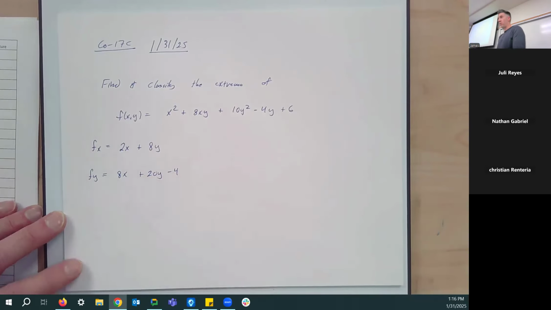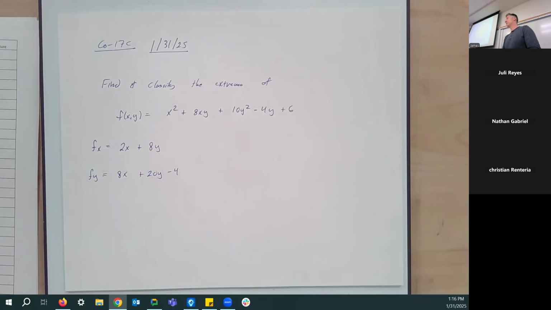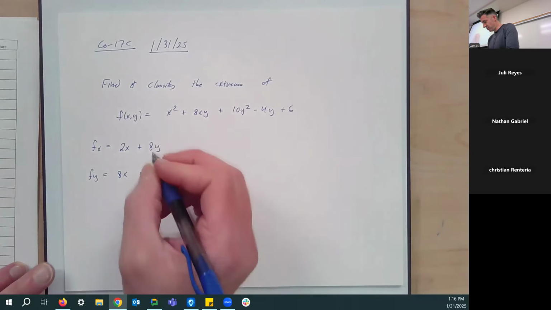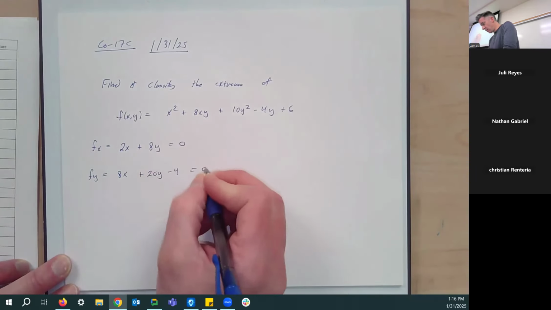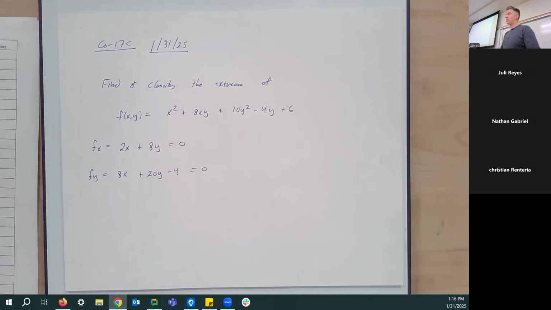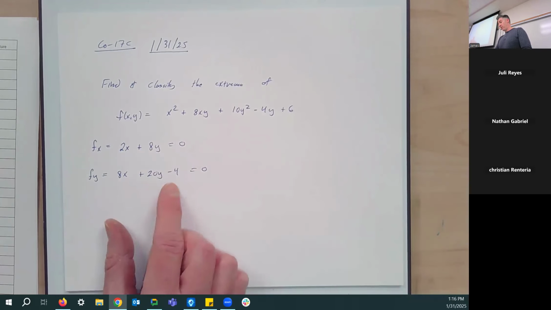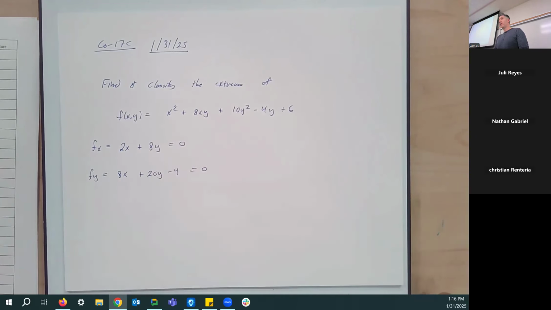And we're going to set both of those partial derivatives equal to 0. I'll point out that both of these are equations of lines. 2x plus 8y equal to 0 is the equation of a line. 8x plus 20y minus 4 equal to 0 is the equation of a line. So in this particular instance, you're just trying to find the one point where the lines intersect.